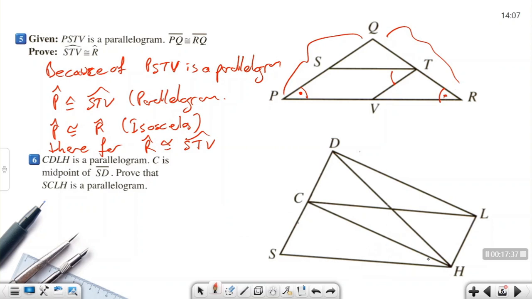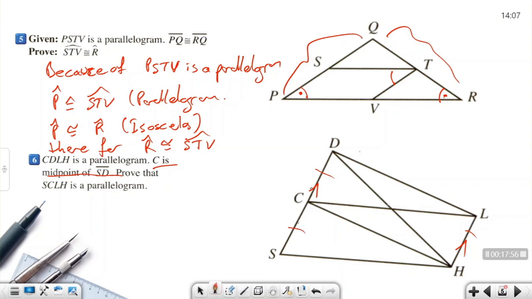Let's show it. CDLH is a parallelogram, so I can say that SD, that's the whole line, is parallel to LH, and because these are opposite sides, I can say these are congruent.